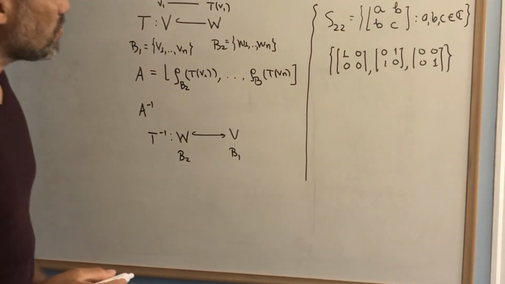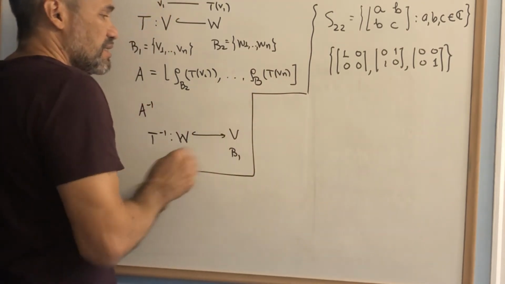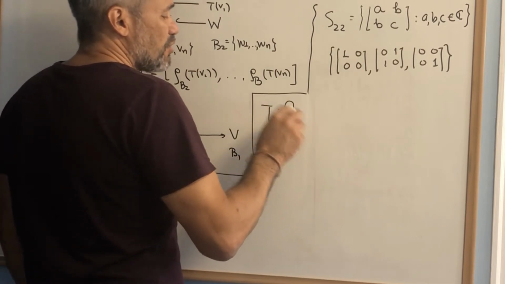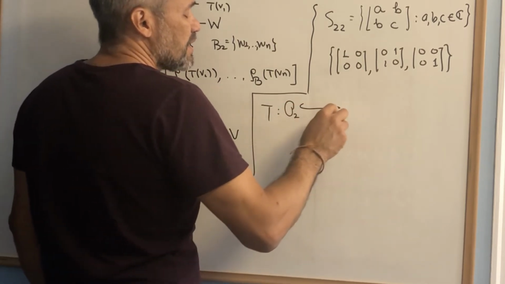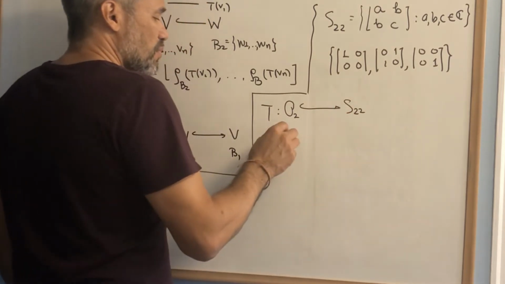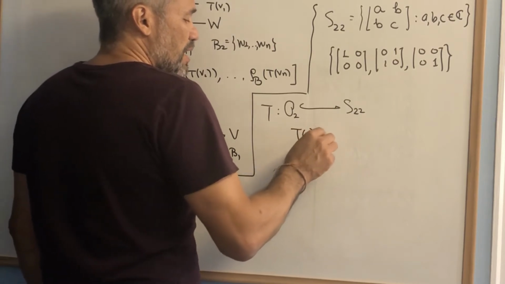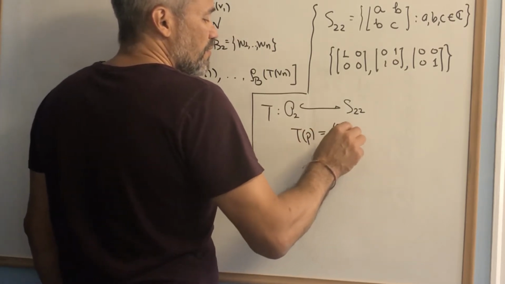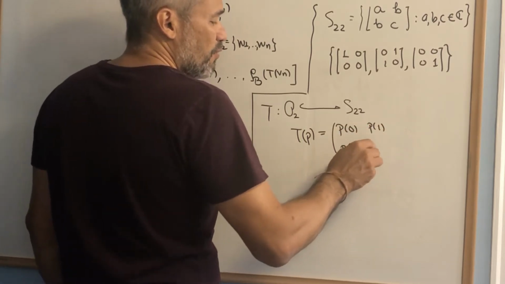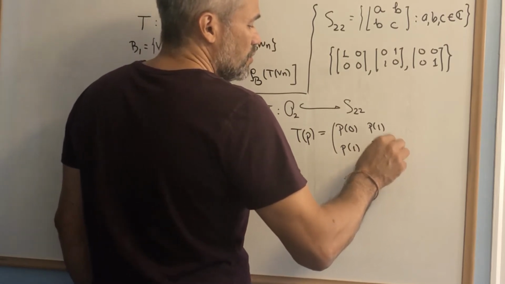And let's suppose that we have the transformation T from the vector space of polynomials of degree 2 or less into S22. And let's suppose that this transformation takes a polynomial P and sends it to the matrix with entries P of 0, P of 1, P of 1, and P of 2.